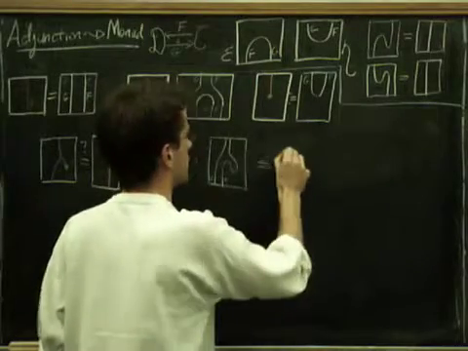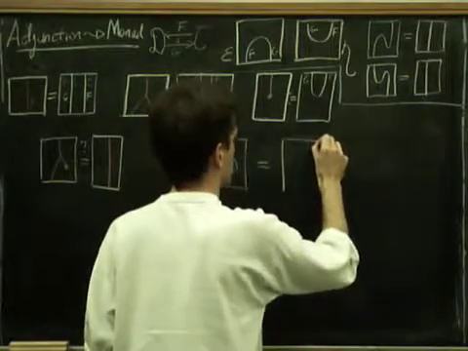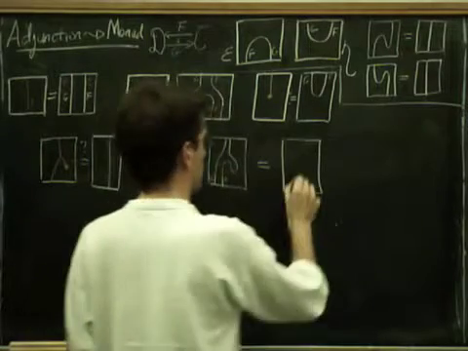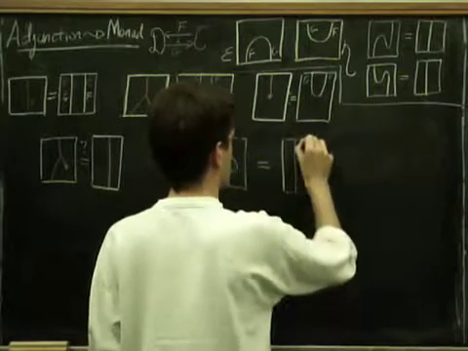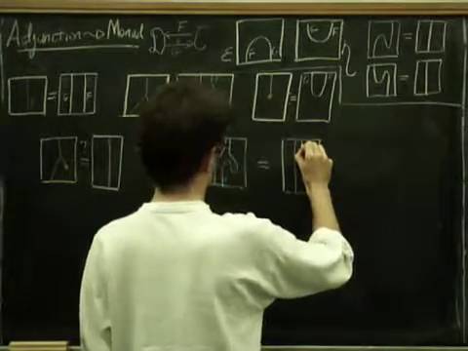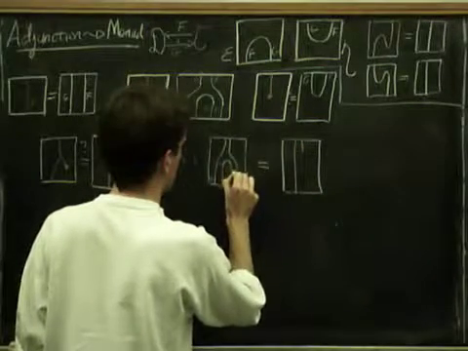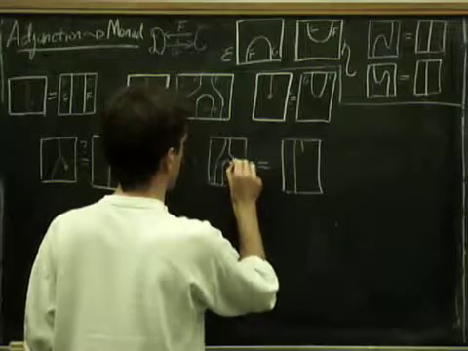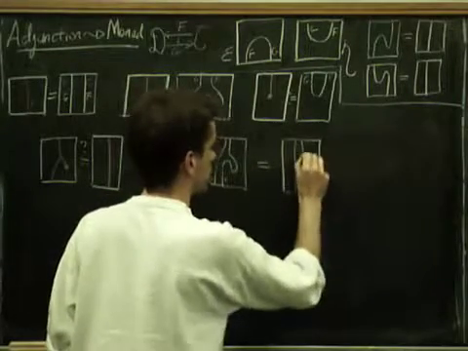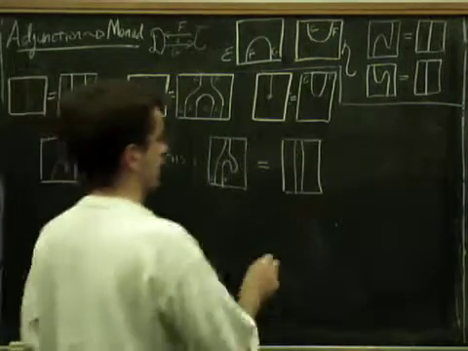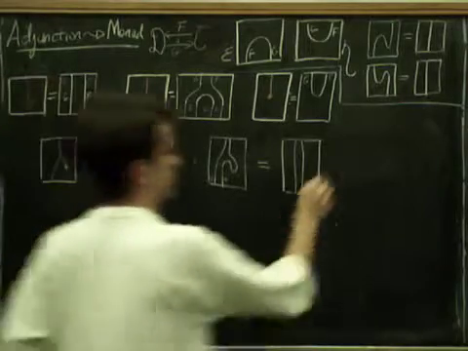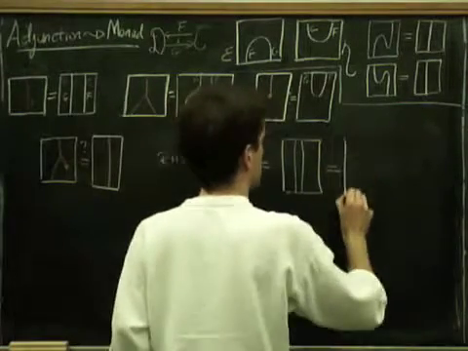So by the snake relation or the triangle equality, this bit here gets replaced by a straight line. Okay, but that is just the thing we wanted. So this is just a T.